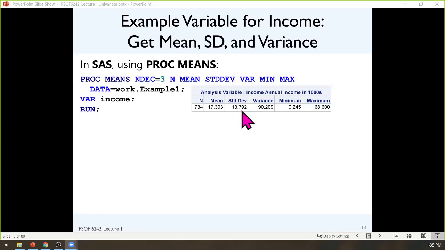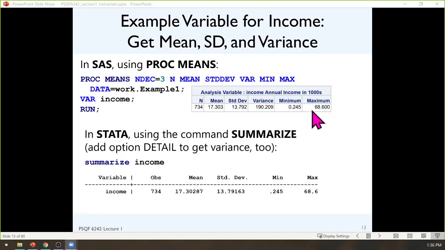So that's a pretty wide range, off on average by 13. 13 squared is 190. And then the lowest value is 0.245, and the highest value is $68,600 that's reported in this data set.